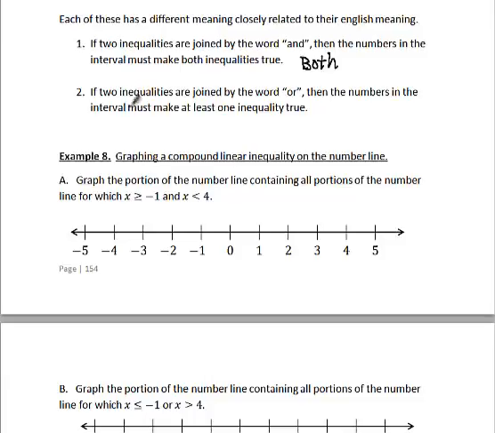And then if the two inequalities are joined with the word or, then you want to shade both of them basically. But we don't want to use the same key word there. So with or, you should probably remember that the number has to at least satisfy one inequality or the other one.